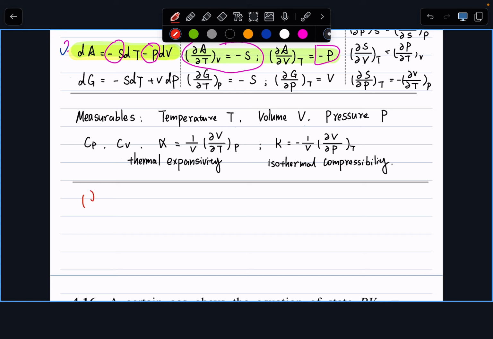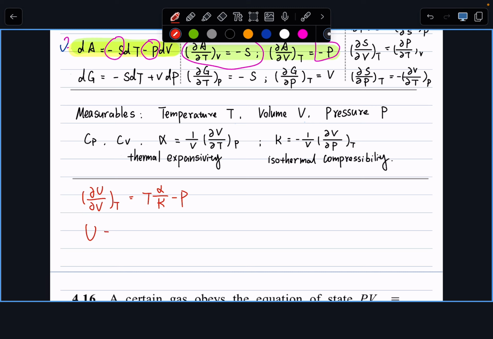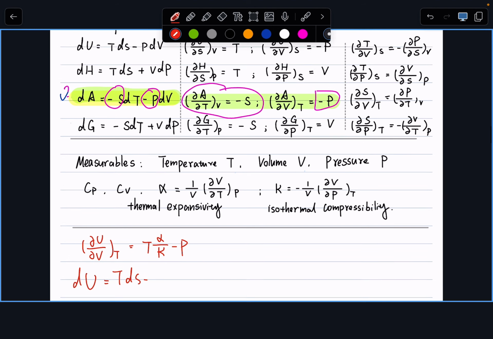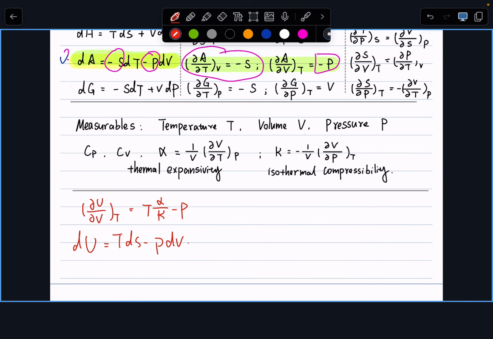For example, we can have (∂U/∂V) at constant T equals Tα/χ minus P. How did we do that? We start from dU equals TdS minus PdV. Divide both sides by dV, and you get ∂U/∂V equals T ∂S/∂V minus P ∂V/∂V, and that cancels out.